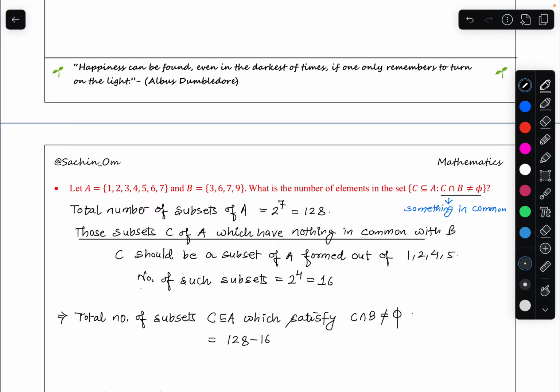I'll subtract the number 16 to get the answer 112. So this is the answer I'm going to have.